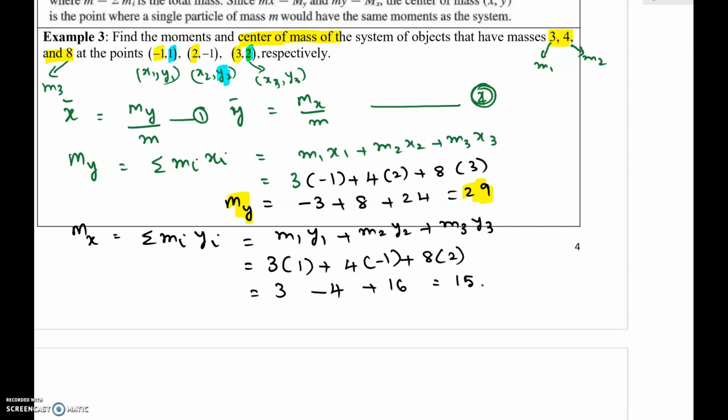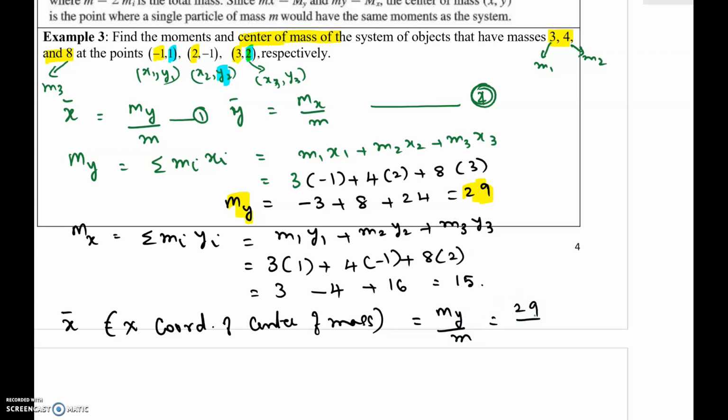Now going back to step number 1, x bar, the x coordinate of the center of mass, is My over M. My is 29, over the total mass, which is m1 plus m2 plus m3, that is 3 plus 4 plus 8, equal to 15.